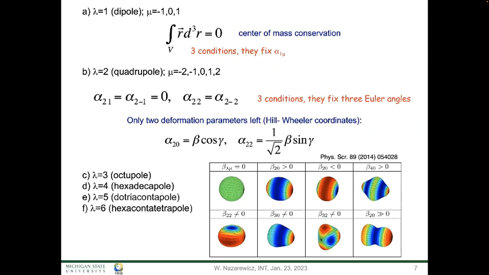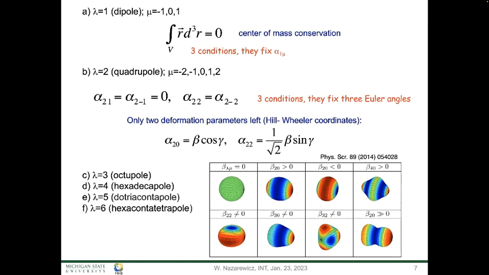There are 2 isoscalar quadrupole deformations, alpha 2,0 and alpha 2,2. And they are usually parameterized through the Bohr-Mottelson deformation parameters, beta, which is beta 2, and gamma. Gamma stands for triaxiality. If gamma is equal to 0 degrees or 60 degrees, we are dealing with axial shapes.